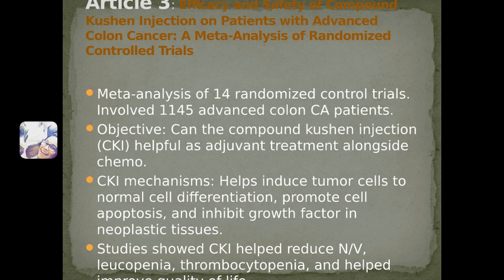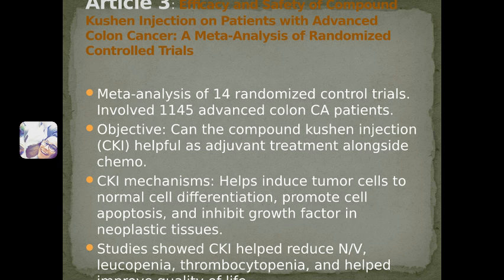So it would make sense that they would want this as adjuvant therapy with chemo to help with colon cancer. The CKI mechanisms basically help induce tumor cells toward normal cell differentiation, which we've talked about already. It helps the cells function and look more like normal functioning cells. It also helps promote cell apoptosis and inhibit growth factor in neoplastic tissues.